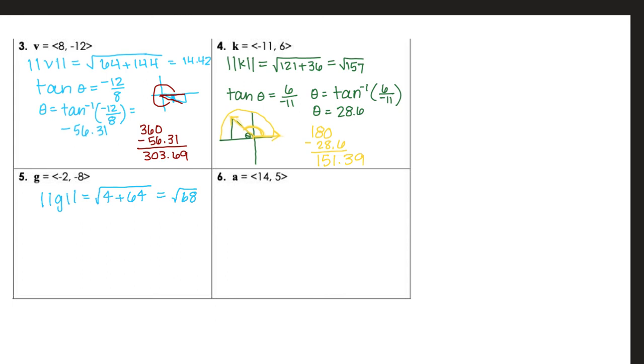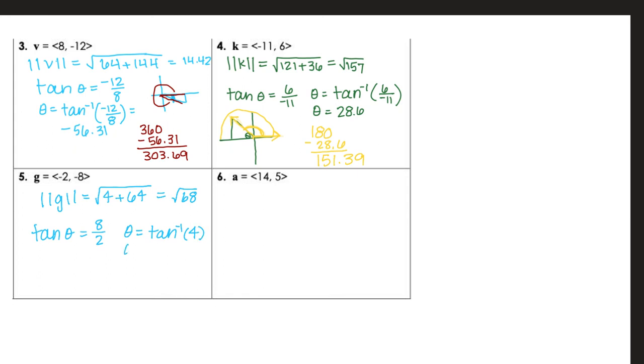And then we're going to find, again, tangent of theta is going to be -8 over -2. So that reduces down to 4. And so really we're going to have theta equals inverse tangent of 4.